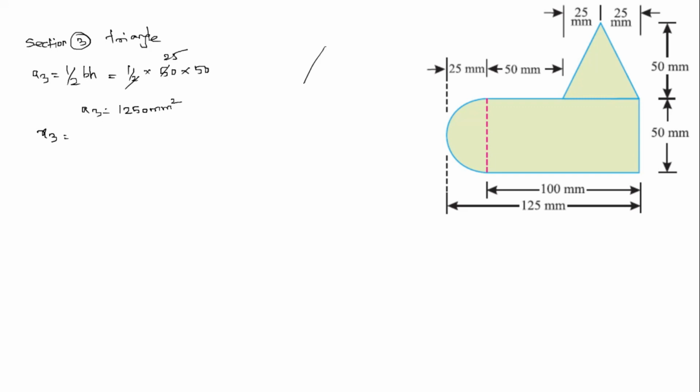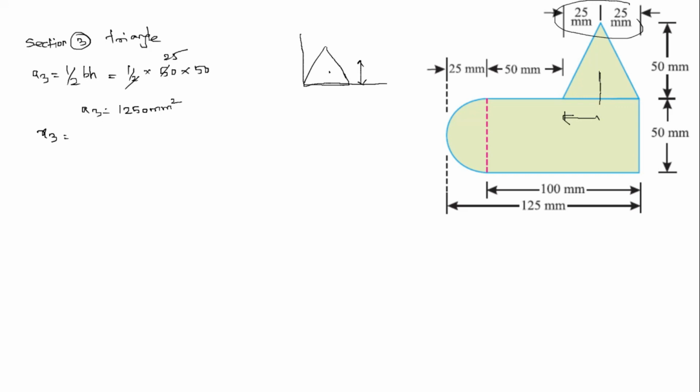Then we calculate x3 from the base. For the triangle, this is the base, and x bar is the CG.